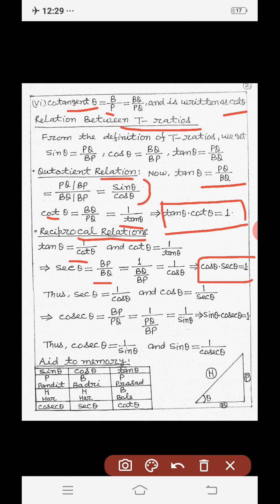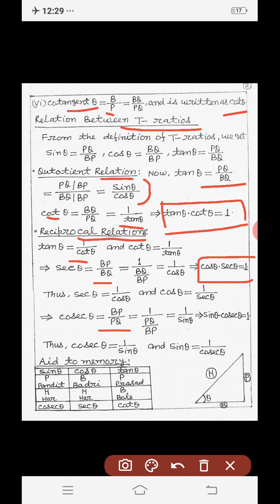Similarly, cosec theta equal to BP by PQ, hypotenuse by perpendicular. This can be written as 1 by PQ by BP, and this is equal to 1 by sin theta. From above we get PQ by BP equal to sin theta.